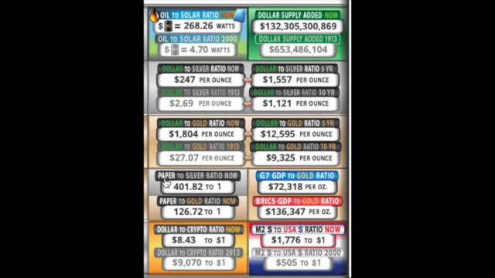Jumping into this though, paper to silver ratio. So what does this mean? The paper to silver, paper to gold ratio, they use what's called a derivative, which is an ETF, an exchange traded fund. So if you go on to your brokerage page, you use Robinhood or Cash App or whatever, and you type in GLD or SLV, these are ETFs.